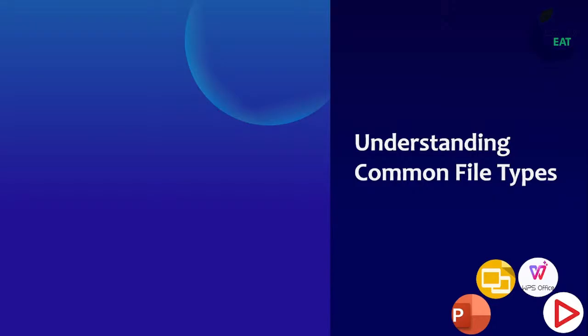These little letters, especially .doc, .docx, .jpg, .pdf, .zip, are called file extensions, and they are very important to the computer. They tell your computer what kind of file it is and which app should open it.